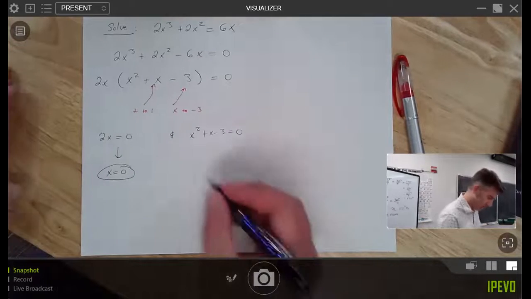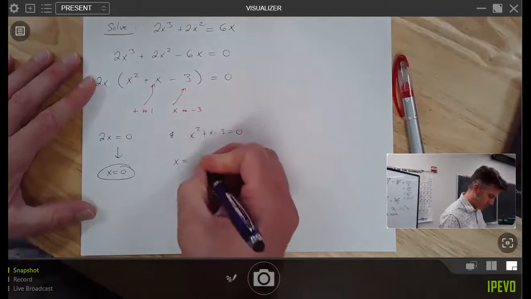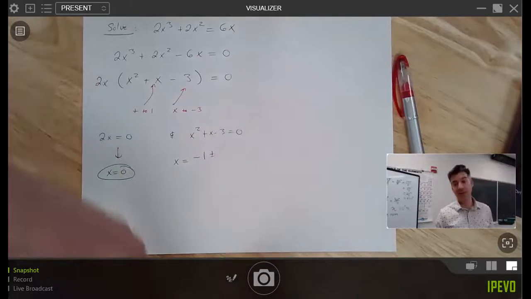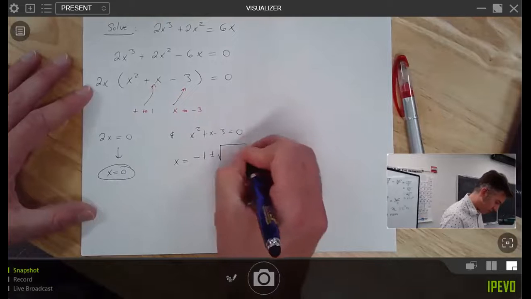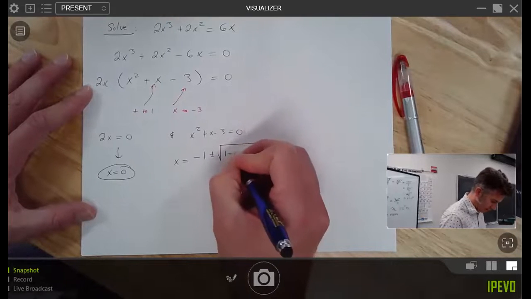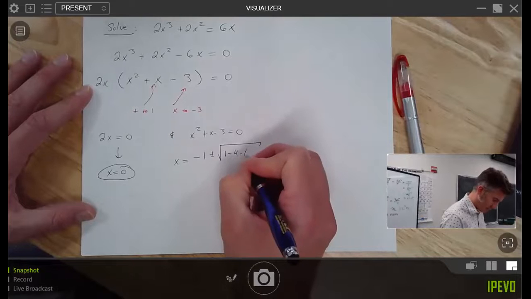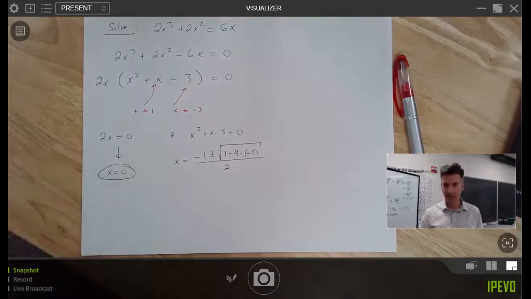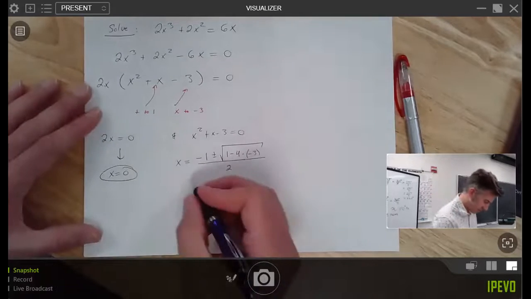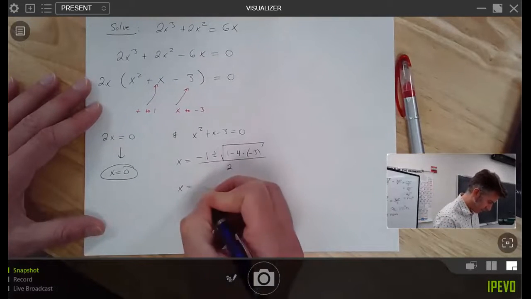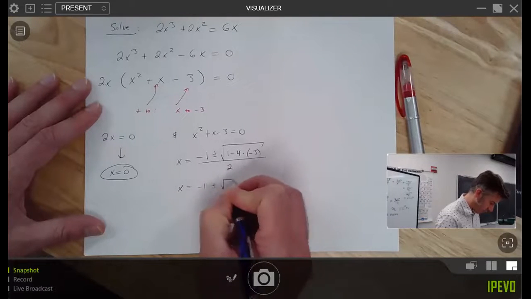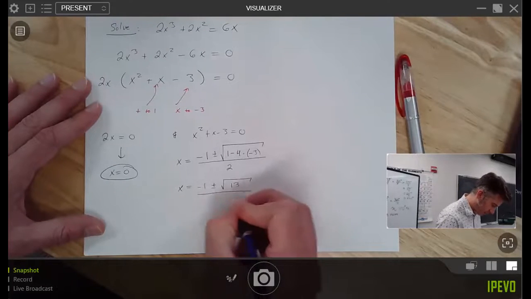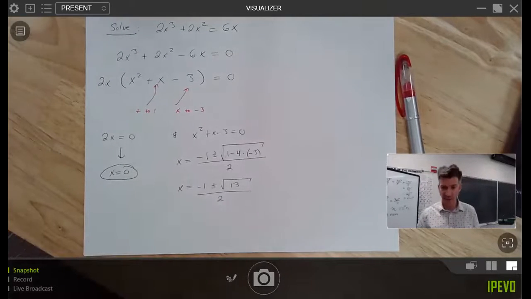So x equal to negative b, which is -1, plus or minus the square root of 1 squared minus 4 times 1 times -3. Notice how I'm omitting the things I don't really need to write. Then we simplify: x equal to -1 plus or minus the square root of 1 plus 12, all over 2. And there really isn't any simplifying of that.